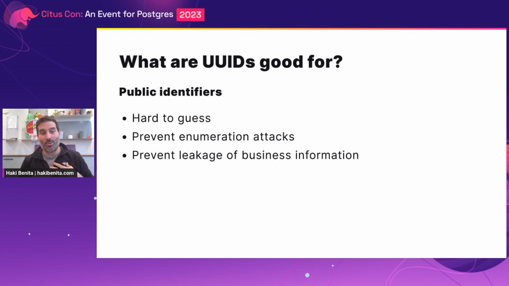I get an order with the number 10. Then the next morning, I wake up, place another order. I get order number 90. Now I know that my competitor processed at least 80 orders during that time. So this is the type of information that sequential IDs can leak that public identifiers such as UUIDs don't.